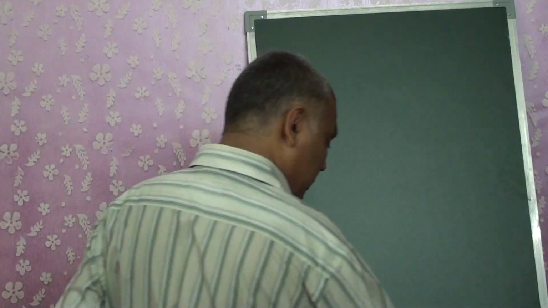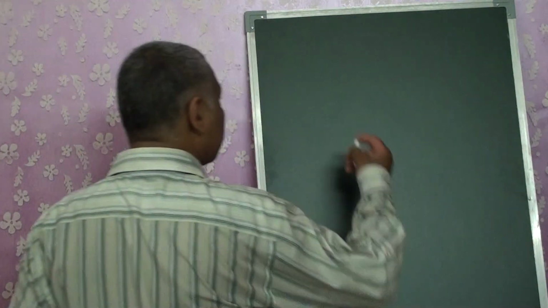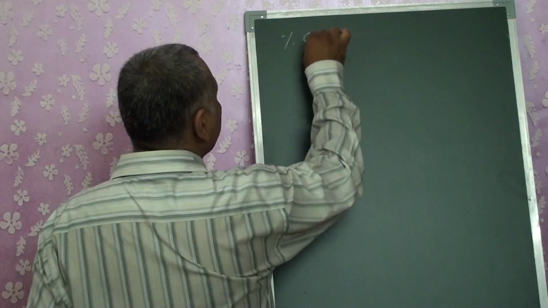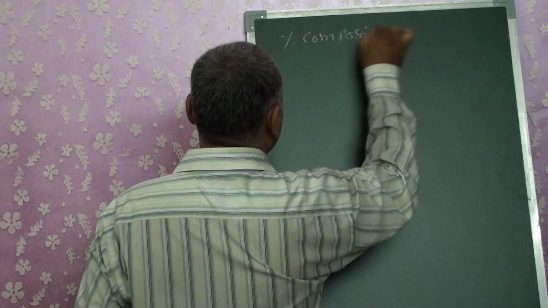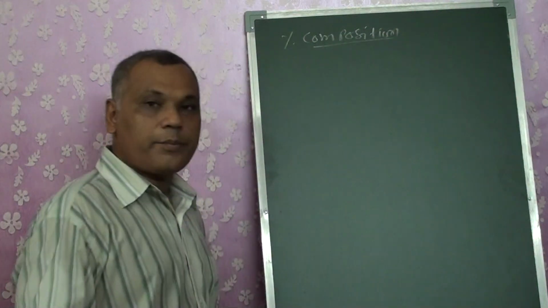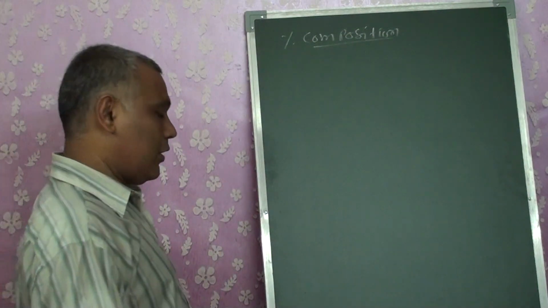So for that case, first of all, we'll try to understand what is the percentage composition of an element. By using a formula, by studying percentage composition, how can we calculate the percentage composition for any given sum?